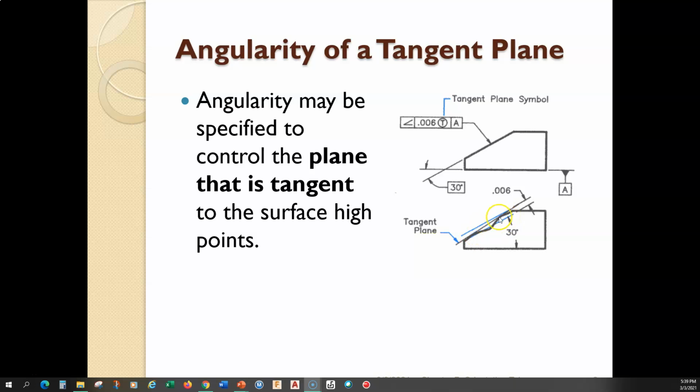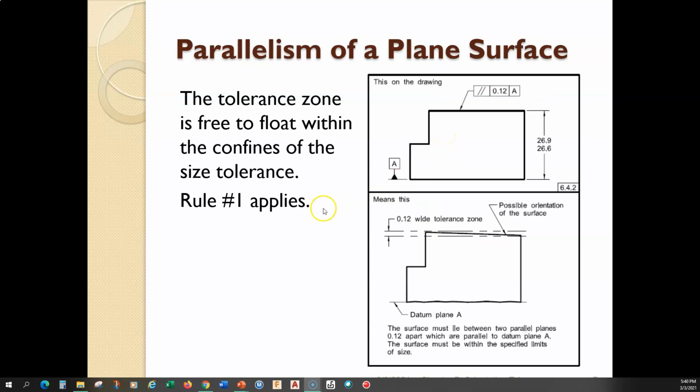So that is a good surface. Never mind that little bit that pops out there. That part is ignored because the tangent plane fits within the tolerance zone. And we do that by putting a circle T in the feature control frame.